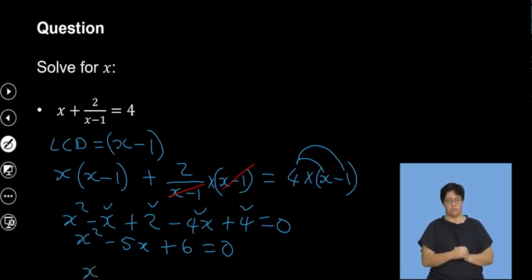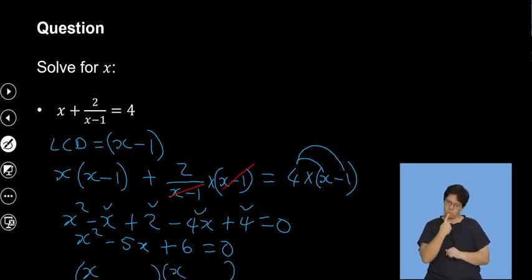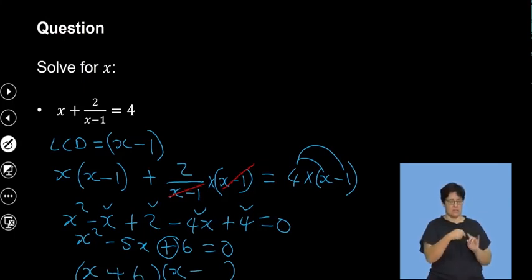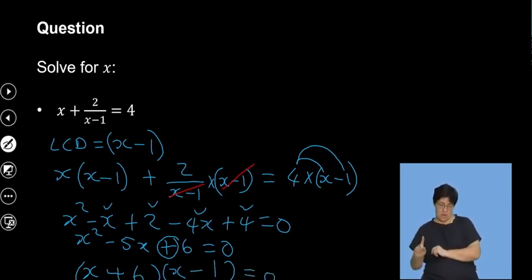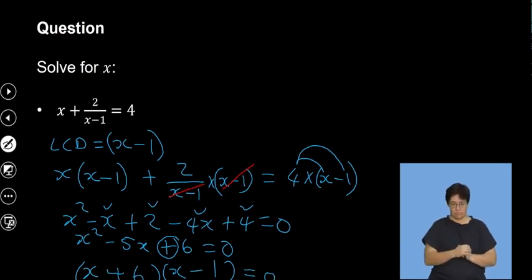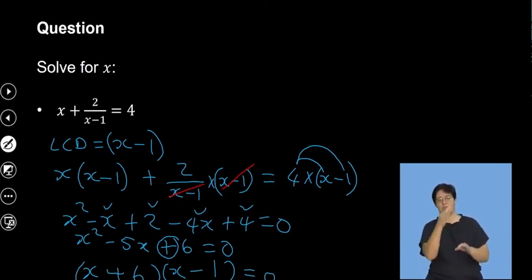And then you will have x, because I need to factorize this quickly, it will be x and x. I need the factors of 6 such that they give me 5, but my sign must be a negative and a negative, right?